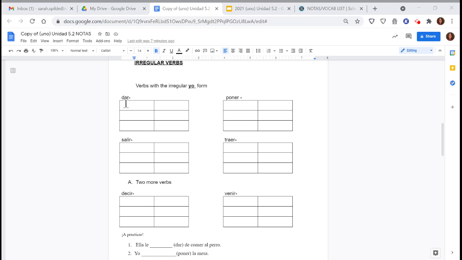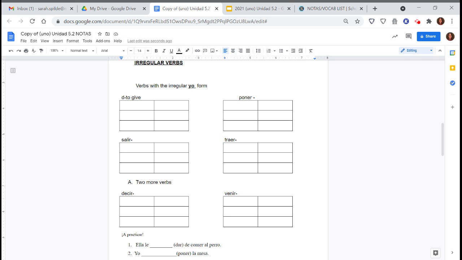The first verb we're going to look at is dar. Dar means to give. Normally when we take off the ending, this AR would go away, so I'm just going to delete it for you, and then we add our AR verb ending back on.